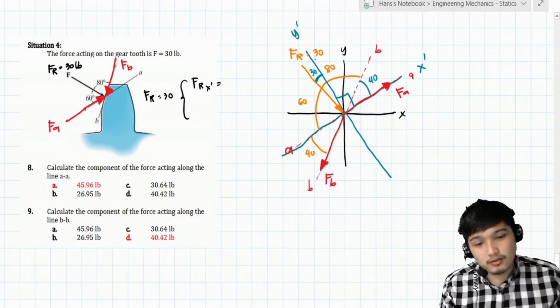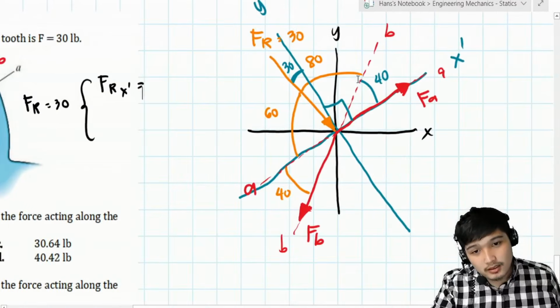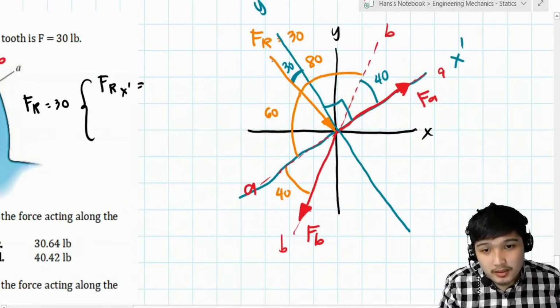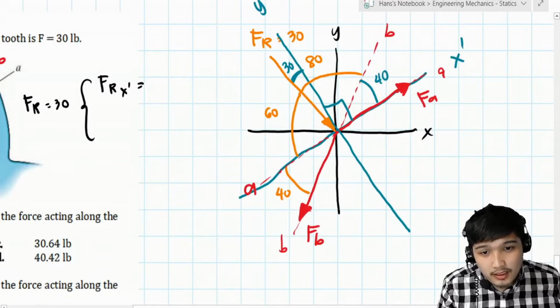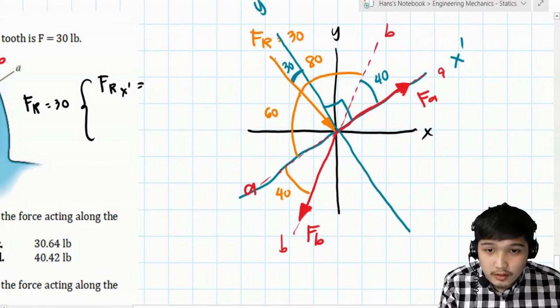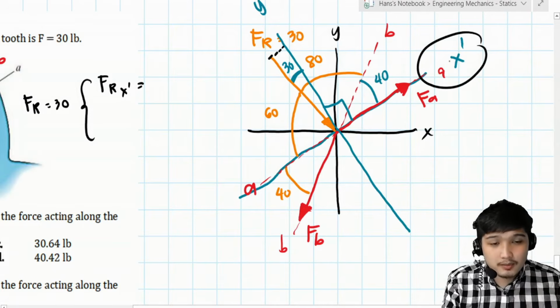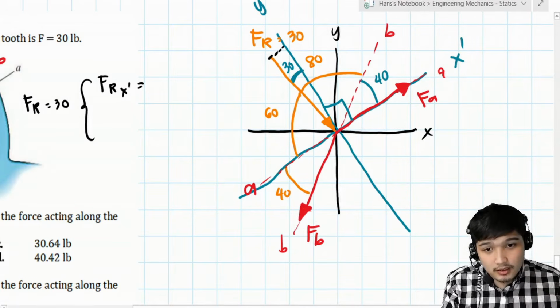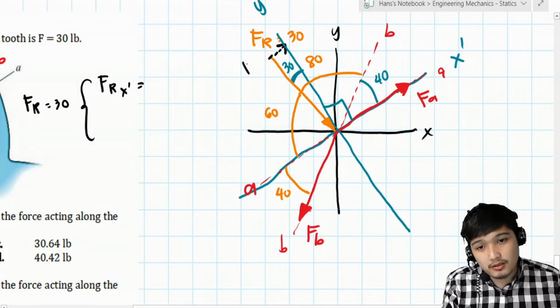Okay? If I zoom in on this, class, here. This is our FR. So it has a component along the x prime axis, like this. So this is the FR along the x prime axis.